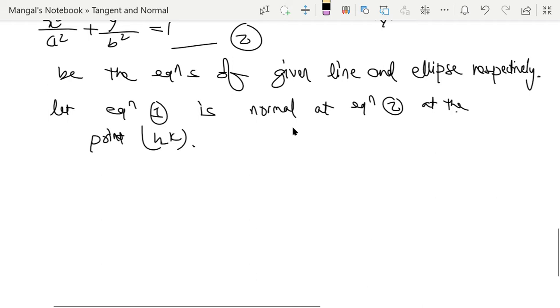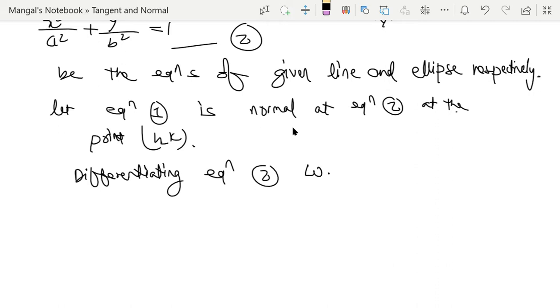Then we try to find the equation of the normal to the given ellipse at the point h, k. For that we have to find the slope of tangent and normal, and for that we will differentiate equation 2 with respect to x.